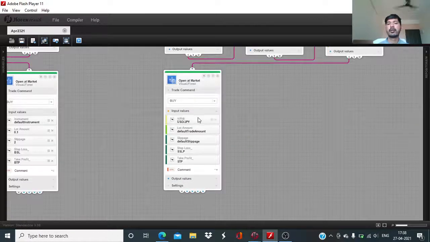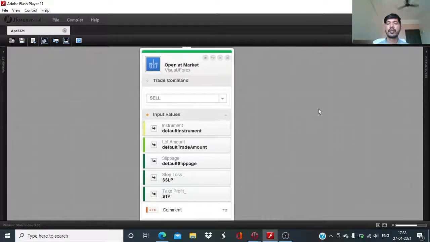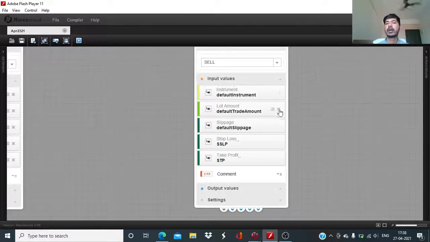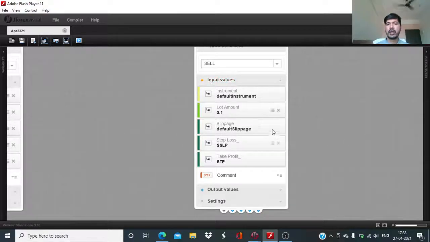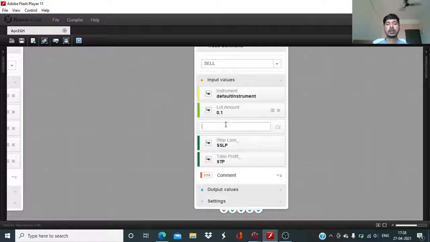And trade flow is going to all the way till this block, and here this needs to be changed to sell. Default instrument will remain as it is. Trade amount I will change to 0.1 million. Slippage, I think slippage of 2 pips should be good enough.